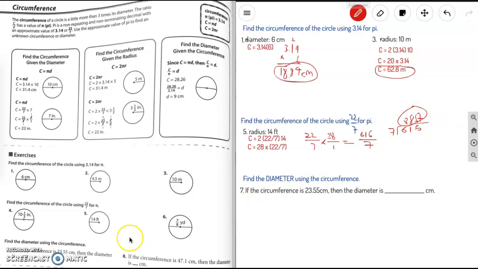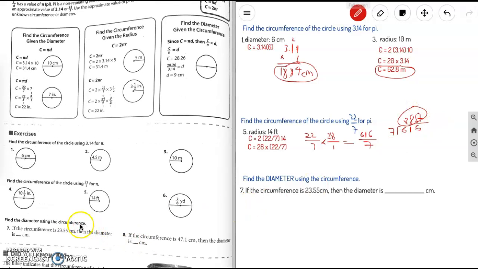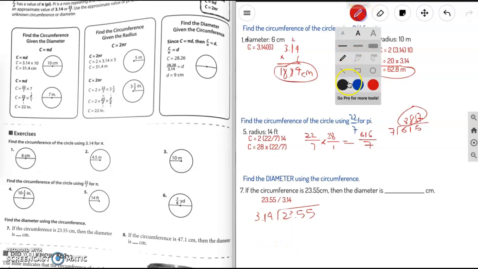All right. Number 7, find the diameter using the circumference. So this time we're using this formula, which is C divided by pi. So if the circumference is 23.55, okay. So C divided by pi, so 23.55 divided by 3.14. When my divisor is a decimal, what do I need to do?